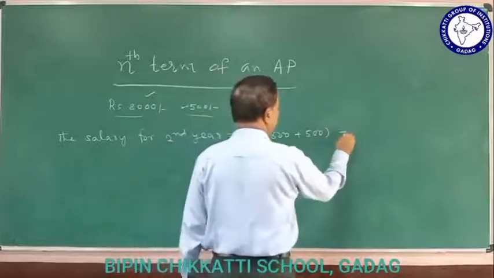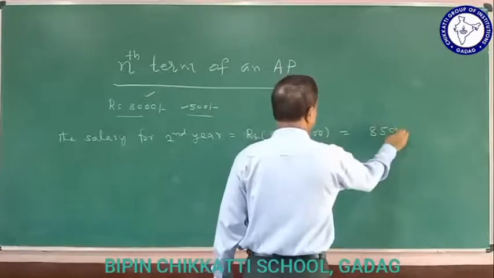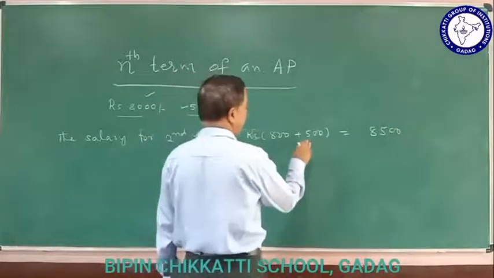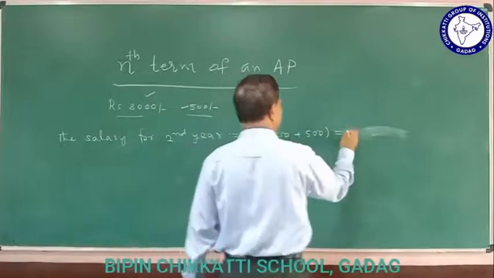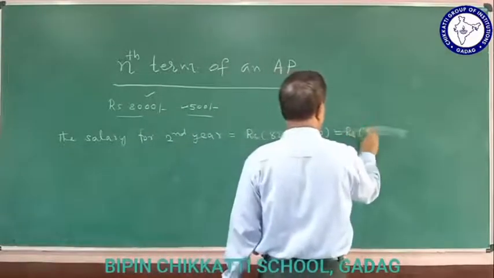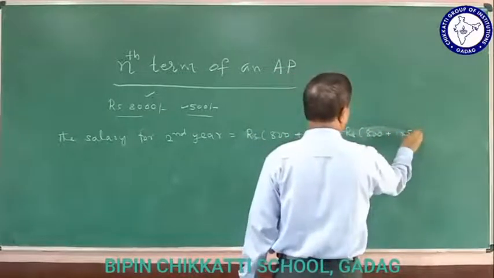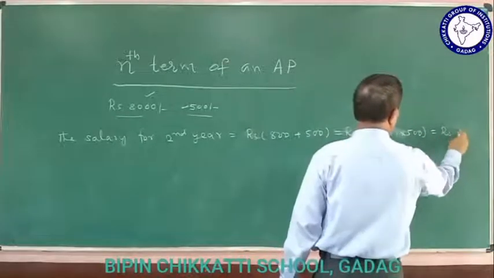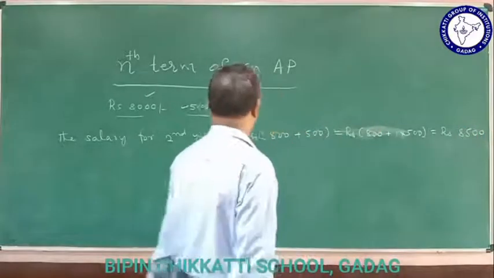So the salary is Rs 8,500. Instead of writing it like this, you can write Rs 8,000 plus 1 into 500, which becomes Rs 8,500, just to introduce the formula.